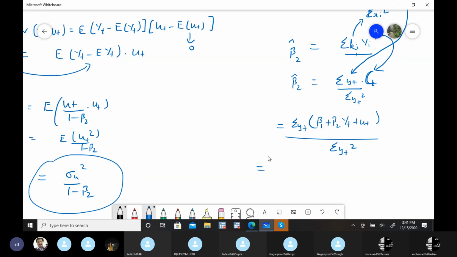Let's multiply these terms. Beta 1 summation yt plus beta 2 summation small yt into capital Yt, in the denominator we have summation yt square, plus summation yt into ut upon summation yt square.